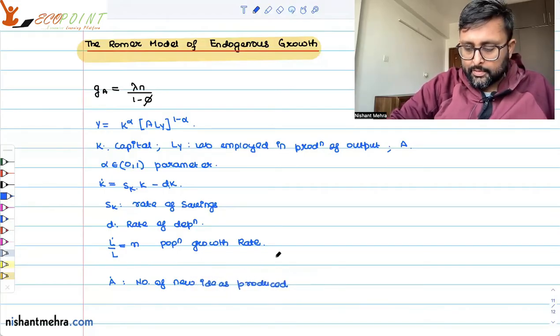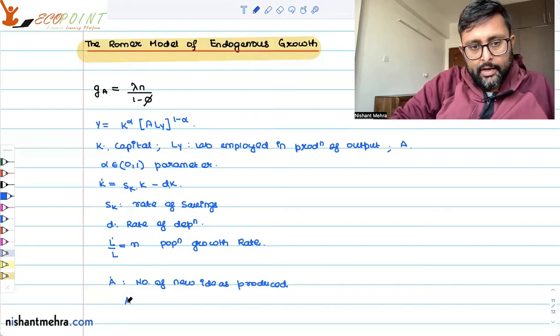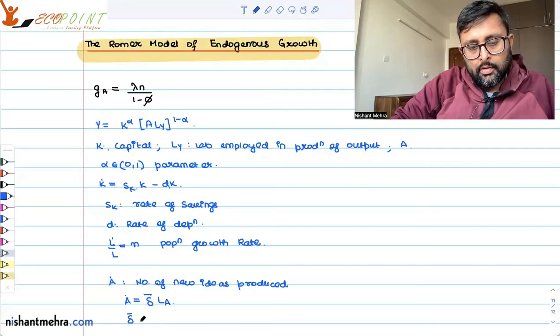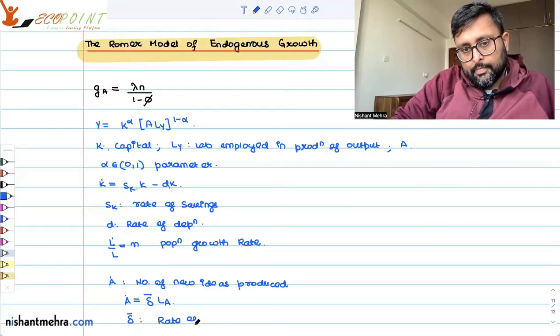And you write A dot as delta bar L_A, where delta bar is the rate of discovery of new ideas.